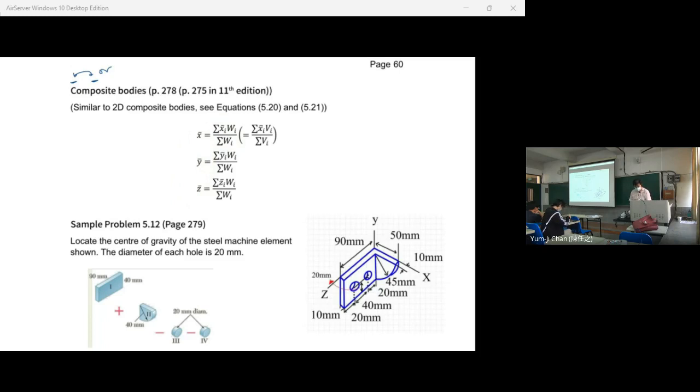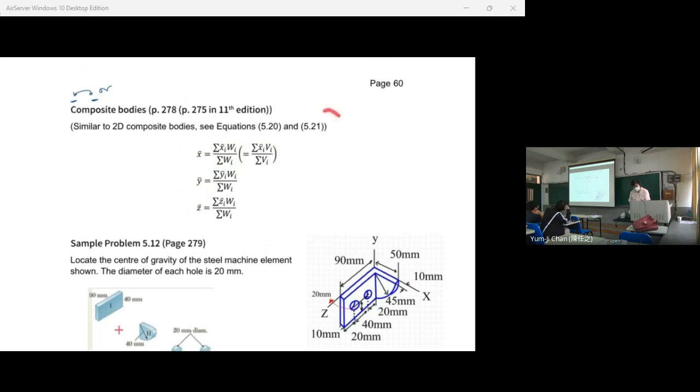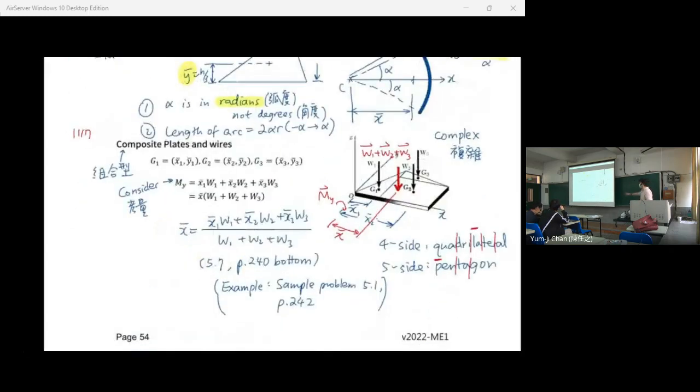This one is for 3D. We studied the cases for 2D bodies on page 53.